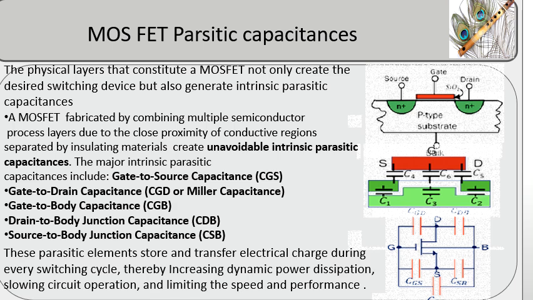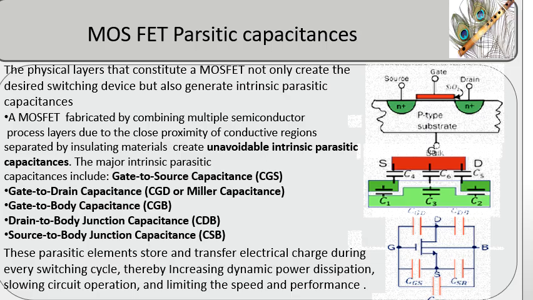While these overlapping and electrically isolated layers are essential for transistor operation, they also form unavoidable intrinsic parasitic capacitances. The major capacitances include the gate-to-source capacitance, CGS, gate-to-drain capacitance, CGD, gate-to-body capacitance, CGB, and the source-body, CSB, and drain-body, CDB, junction capacitances.